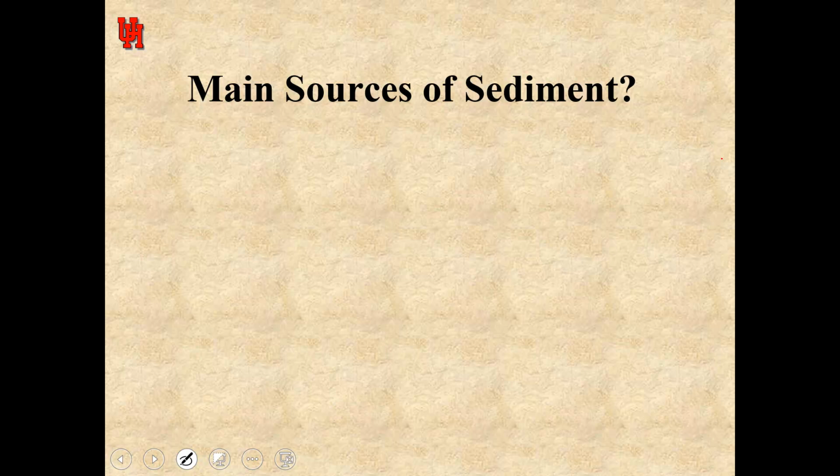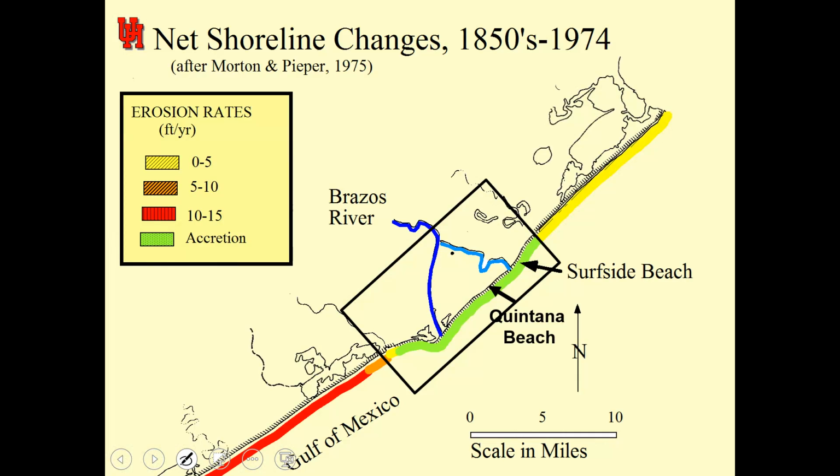Now, I've already mentioned that the main sources of sediment are rivers and erosion and longshore current drift. So let's see how we can look at those sources and how they might change with time and how that might change the sediment budget. Now, let's imagine that you're interested in buying a beach house here on Quintana Beach.